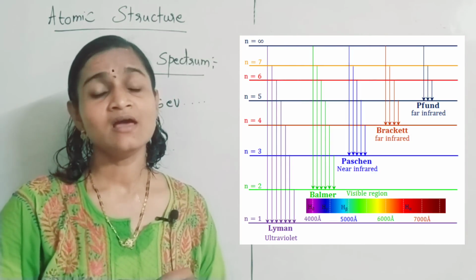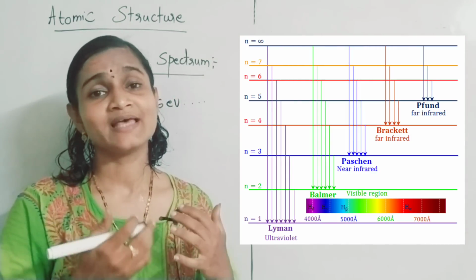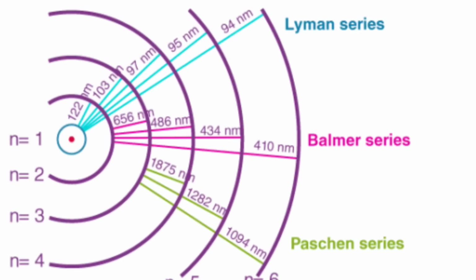You will find the excitation of electrons. Electrons get excited and go to the higher energy levels. This we have already discussed.